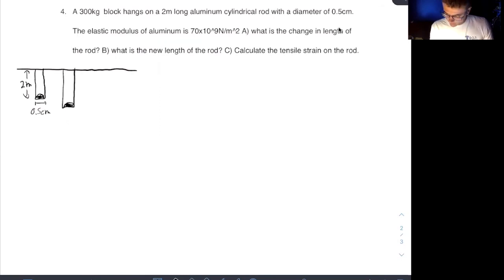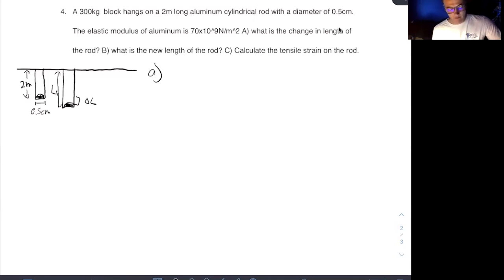So this is the initial length, and then we have this final length right here, the length final. And then this distance from the initial to the final is delta L, right? So for part A, we want to find delta L. What is the change in length of the rod?